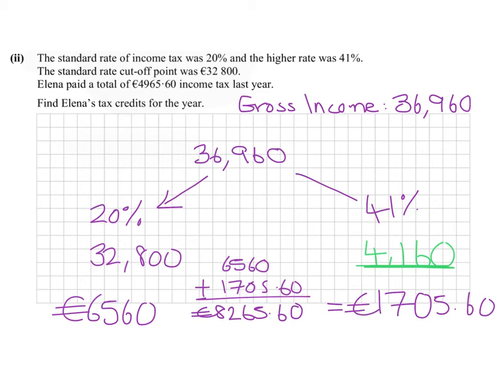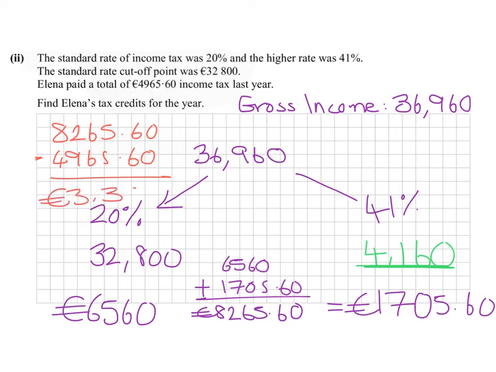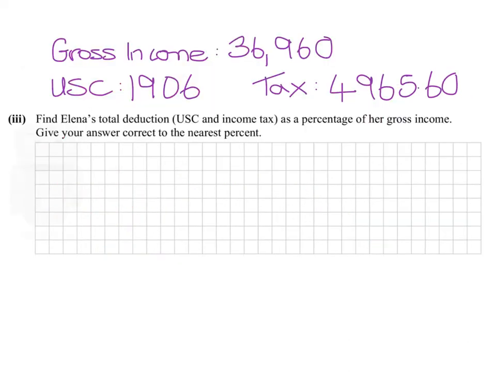So we write in her gross tax, which is 8,265.60. We take away 4,965.60. So her tax credits for the year will end up being 3,300.